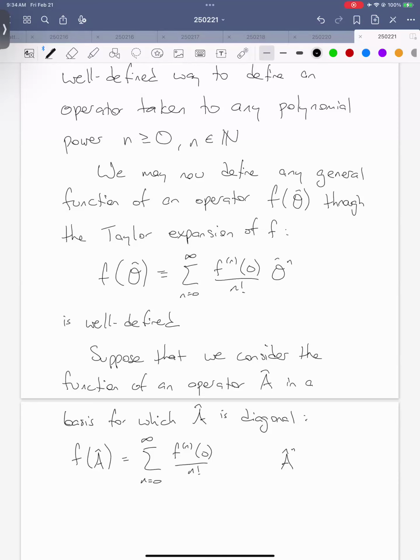We can always multiply by the one operator on the left and the right. So let's consider some basis. So here's one identity and here's another identity. But our operator is diagonal. So this will be simply a sub m Kronecker delta s m.